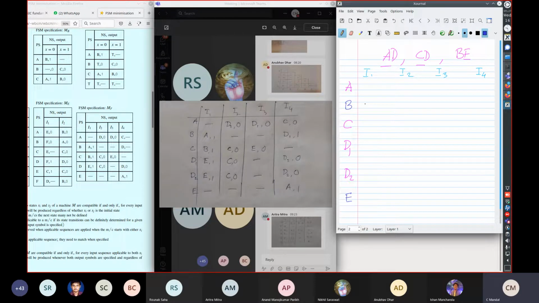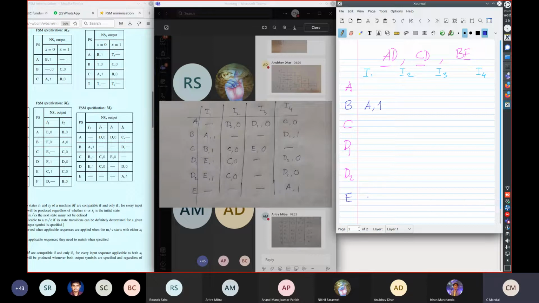So B makes a transition to A with an output of 1. What about E?